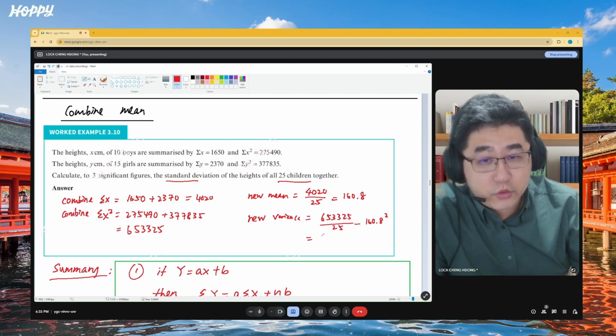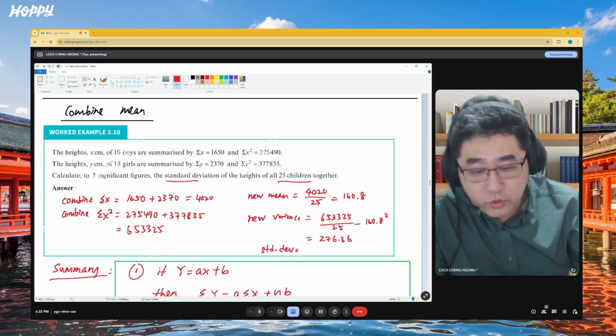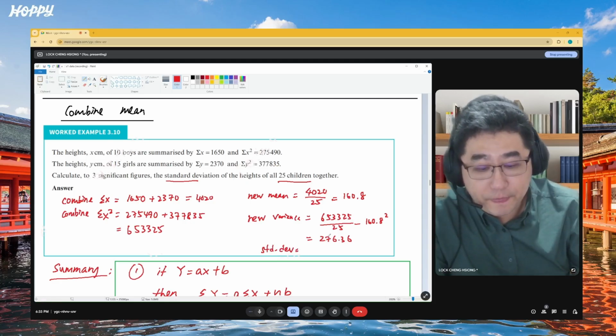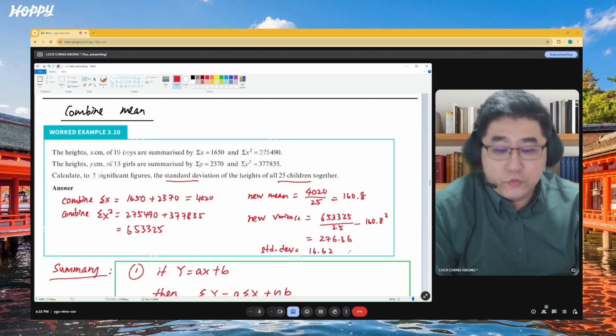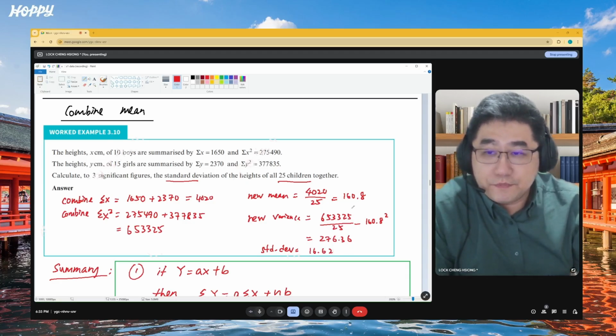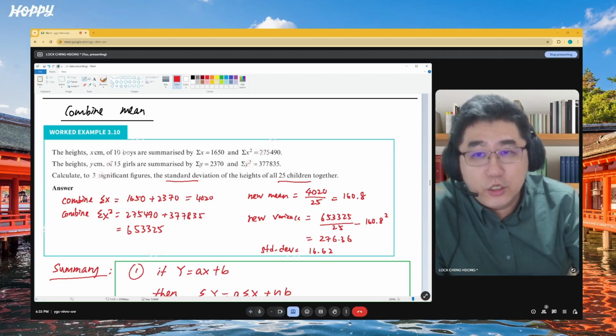So you have 276.36. Hence, the standard deviation will be square root of this number, giving you 16.62 as your answer. So this is how we can actually do the combined mean.